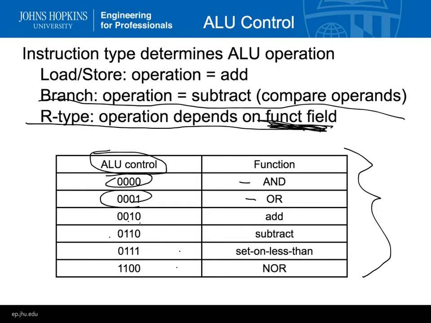So if it's a branch operation, we're going to send the subtract signal. If it's a load store, reminder, we have to use that ALU to calculate an address. So if it's a load store, we're going to tell the ALU to add. So if it's a load store, it's going to send a 0, 0, 1, 0. If it's a branch, it's going to send a 0, 1, 1, 0. If it's an R type, it's going to read the function field and decide which of these to do.